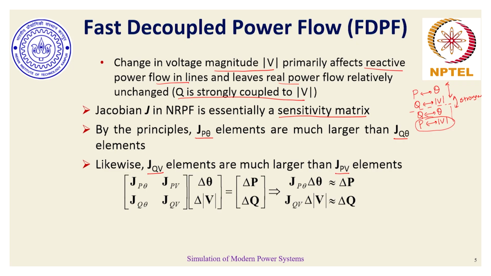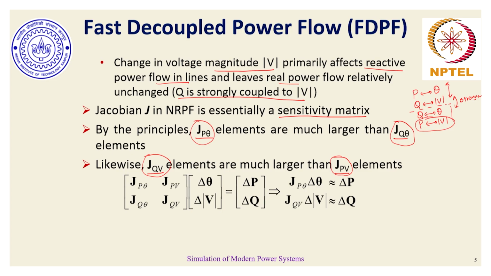And that is also the reason why Jacobian, as I mentioned in the last slide, is a sparse matrix. The sparsity essentially comes because of lots of zeros present in Jq theta and Jpv elements. The number of zeros present in Jp theta and Jqv elements is very small.